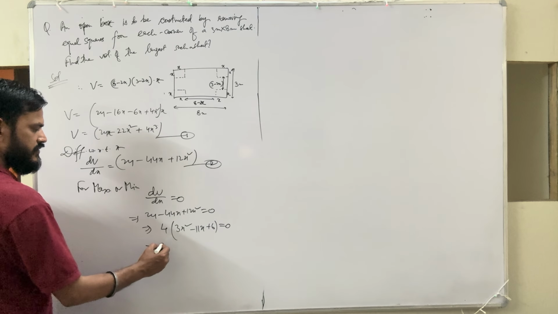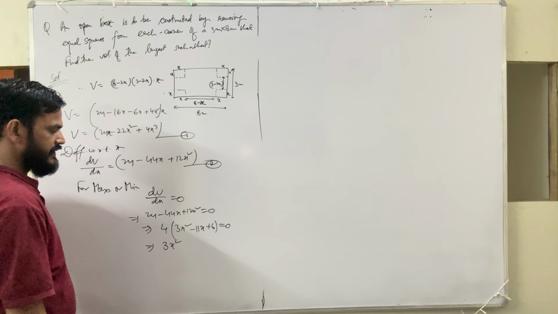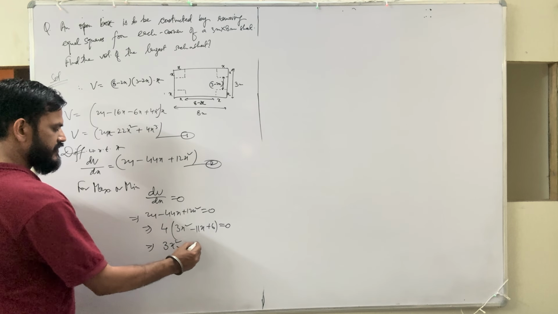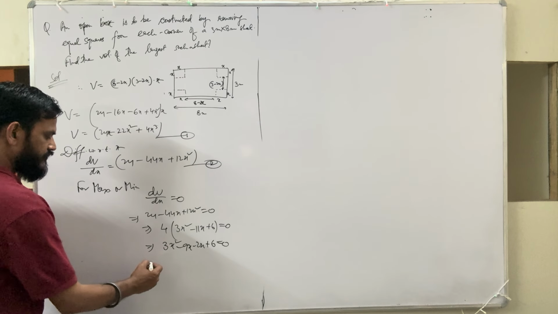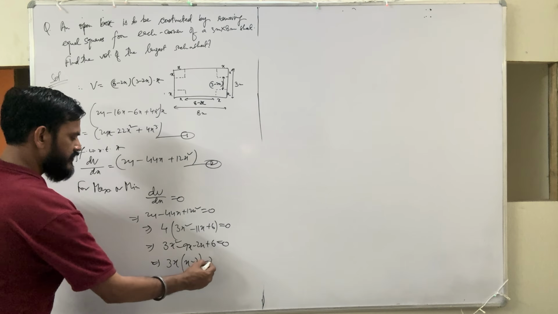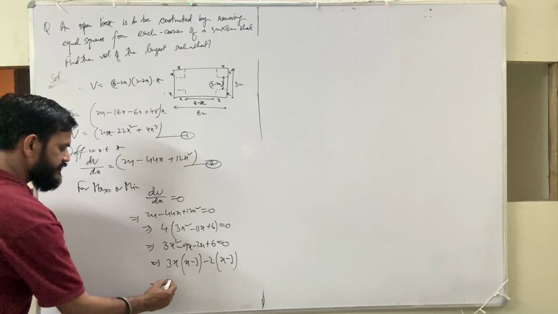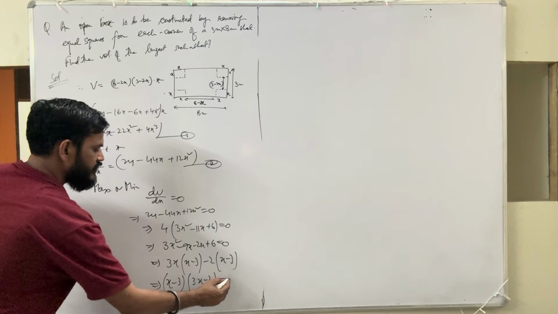That shows 3x square, so we need 18 minus 9x minus 2x plus 6 equal to 0. Now we take 3x common, so x minus 3, you take x minus 3 common, you get 3x minus 2 equal to 0.